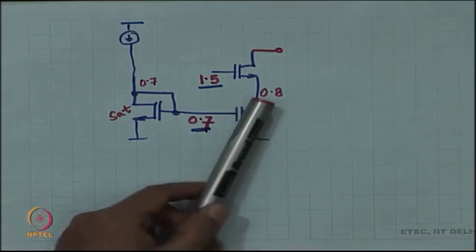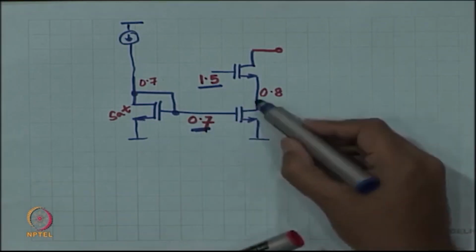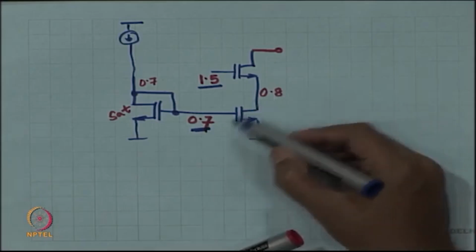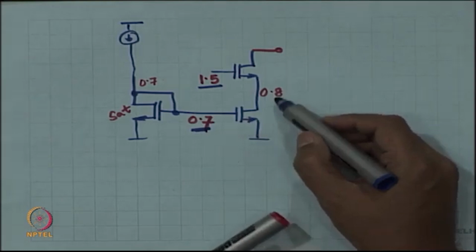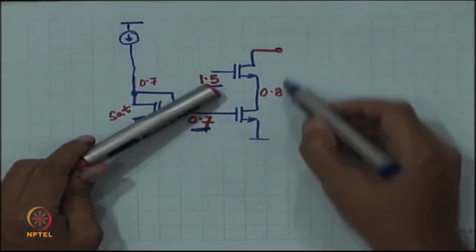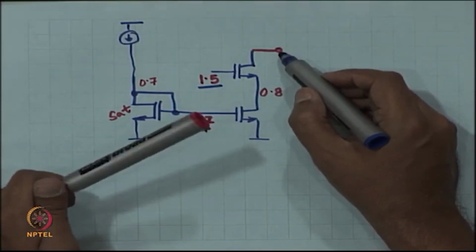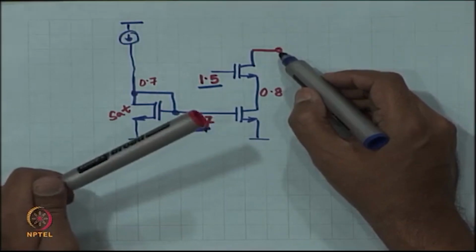Okay. How about here? If this is at 0.8, this device is also certainly in saturation, which is fantastic. Okay. Now, if I drop the voltage over here, how low can I drop?